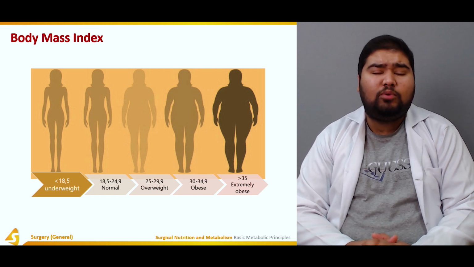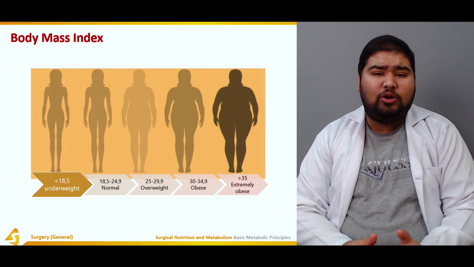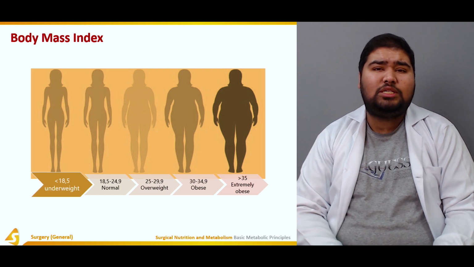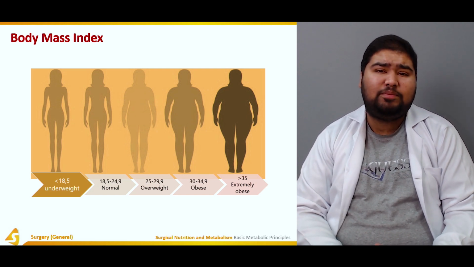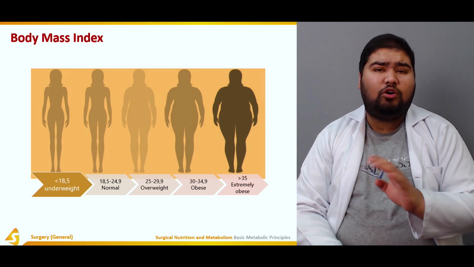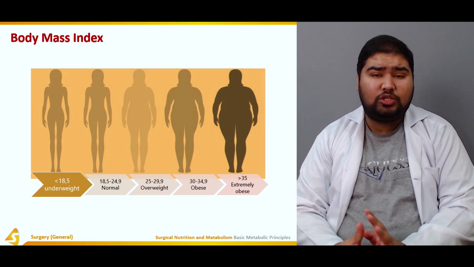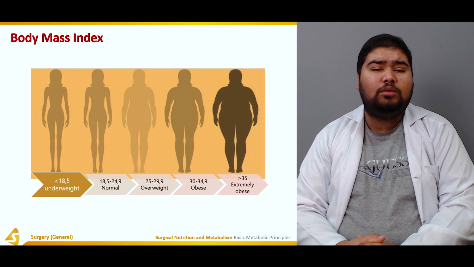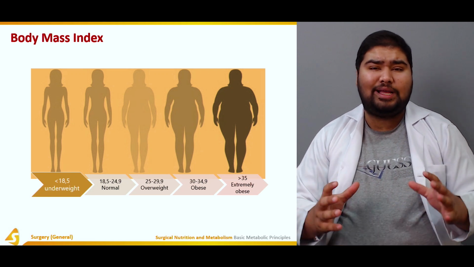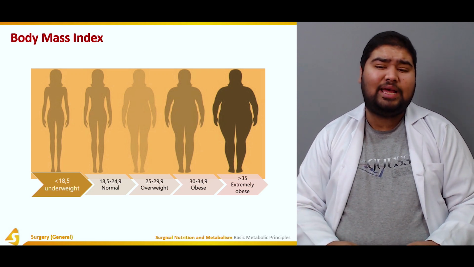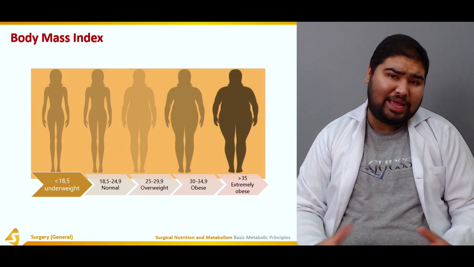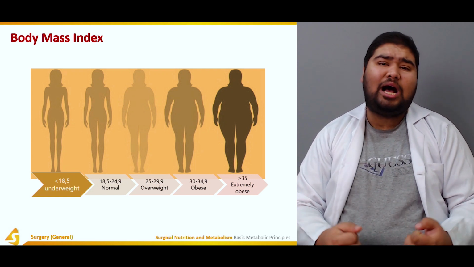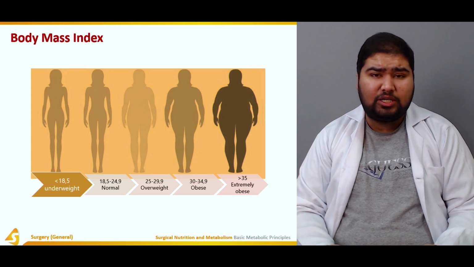So what is body mass index? Body mass index helps to determine the ratio of fat present in the body. The formula of which you already know. So the body mass index is an index that helps to determine the health of the patient and the amount of fat in the patient.